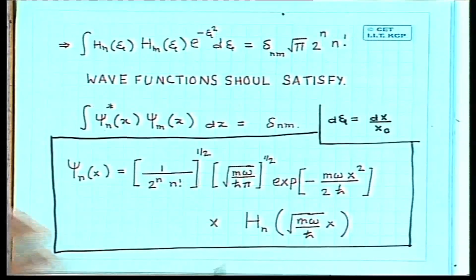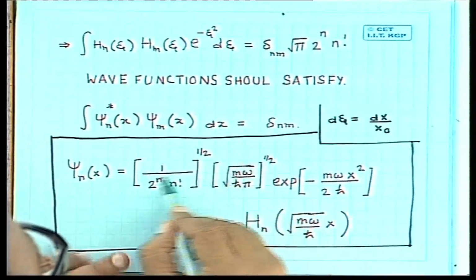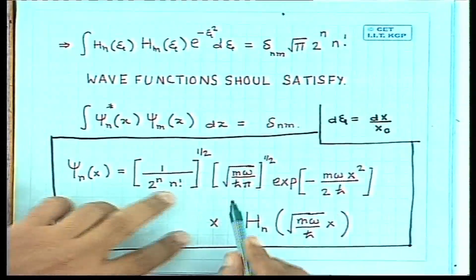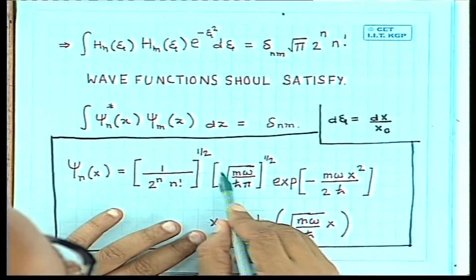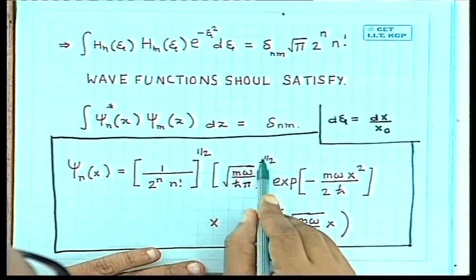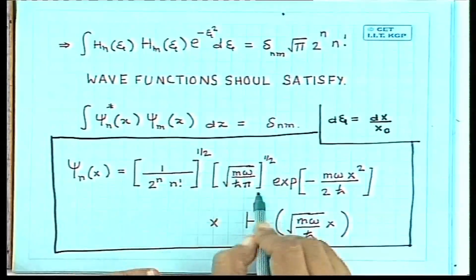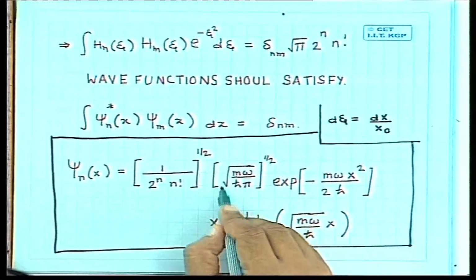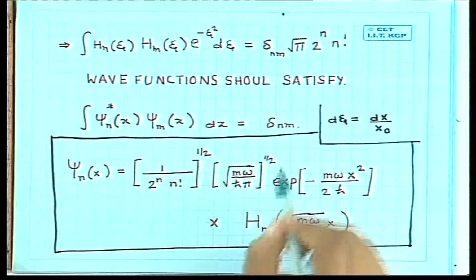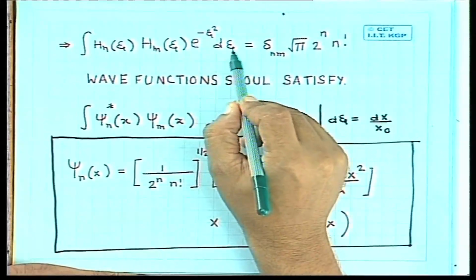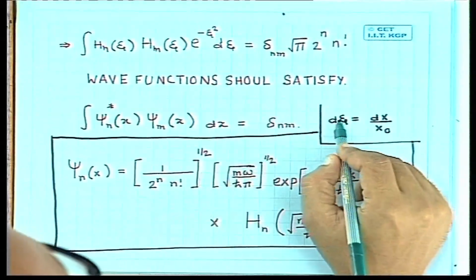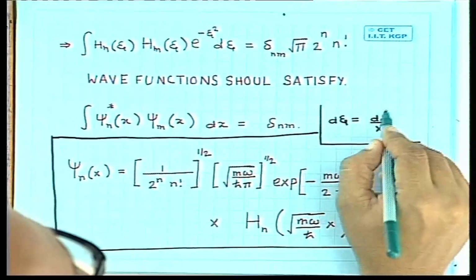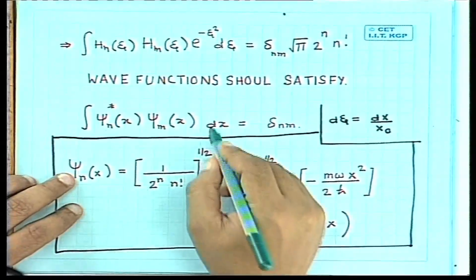Now this extra factor over here is just the square root of this factor here, and this extra factor, the square root of m omega by h cross pi, the square root of pi was already there. And this factor over here, square root of m omega by h cross, comes about because this integral here was with respect to d psi, but the psi over here is related to x in this way, it is dx by x naught, and this is normalized with respect to x.